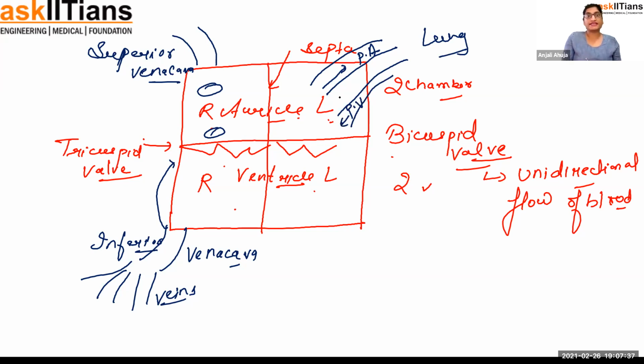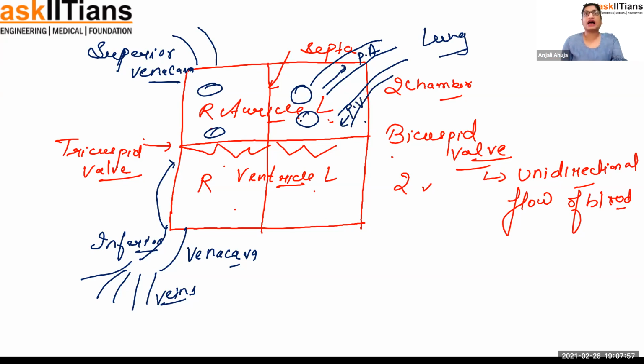This happens into the left auricle. From the right ventricle, blood goes into the lungs, the deoxygenated blood with the help of the pulmonary artery. After filtration, it comes back with the help of the pulmonary vein, which is present in the left auricle. Is that clear? You have to learn the location.